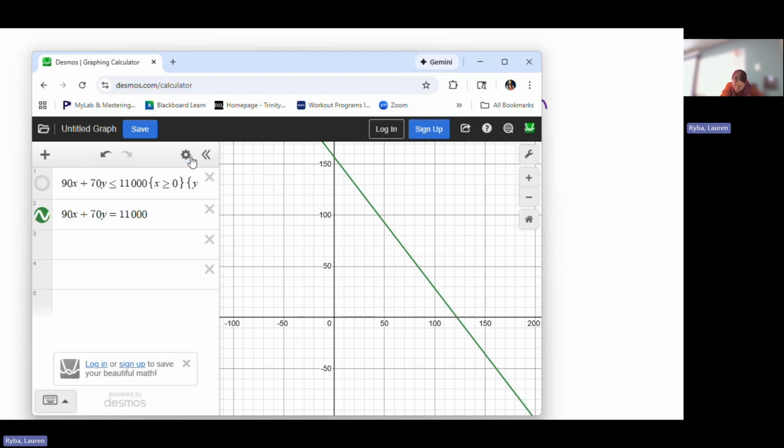Why is it not letting me add my table? Usually you can add other values. That's frustrating. Oh, there's a good point. 46, 98. So that was a nice point. And then you can find other ones along the line.